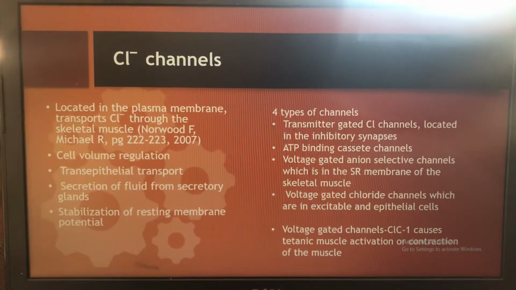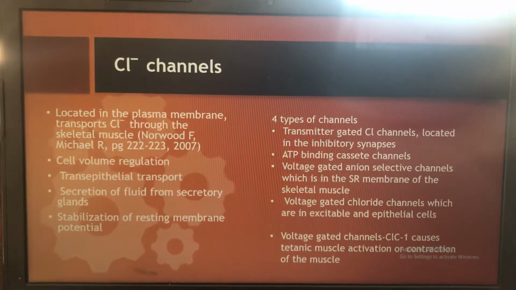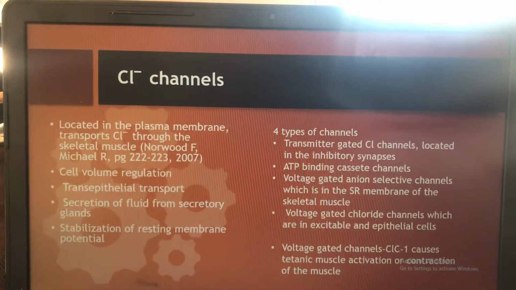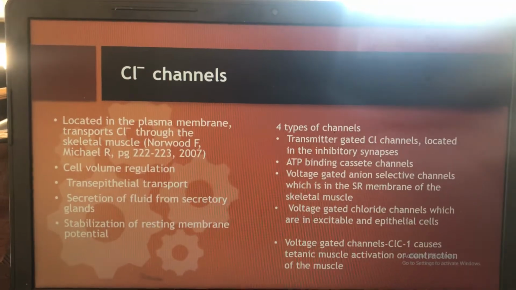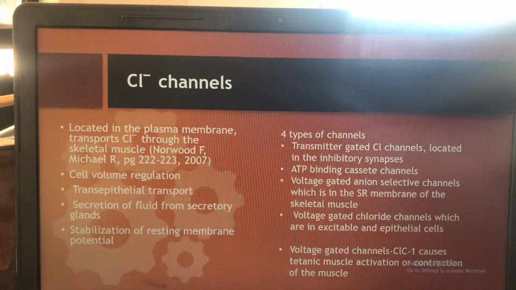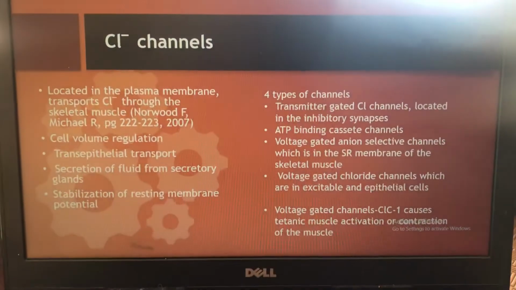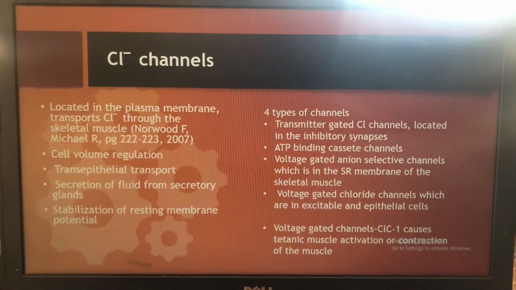There are 4 types of these channels, being the transmitter-gated chloride channels located in the inhibitory synapses, the ATP binding cassette channels, the voltage-gated anion selective channels, which is in the sarcoplasmic membrane of the skeletal muscle, and voltage-gated chloride channels, which are in excitable and epithelial cells.